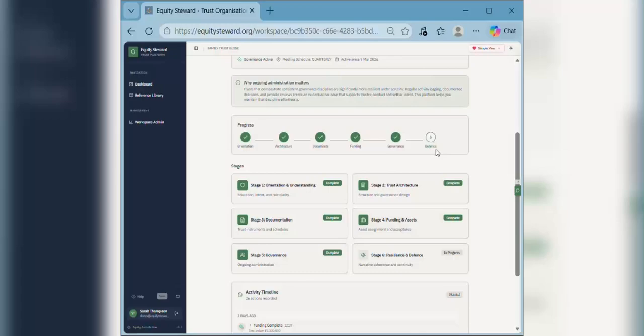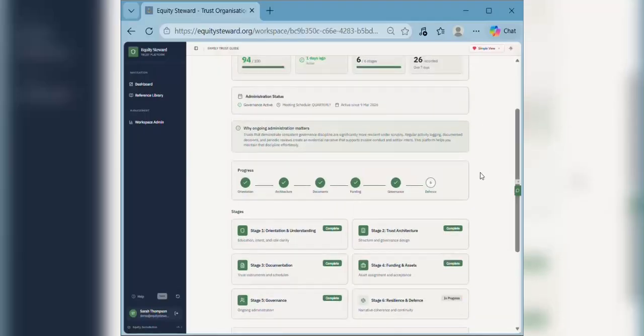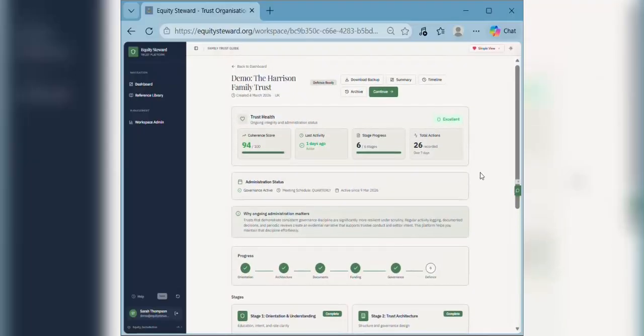A well-run trust is not defined only by its founding documents. It's also reflected by the clarity, the consistency, and the continuity of its administration. That is why a disciplined administrative record matters. The design philosophy behind Equity Steward is straightforward. It aims to make the administrative life of a trust structured, attributable, and understandable over time.